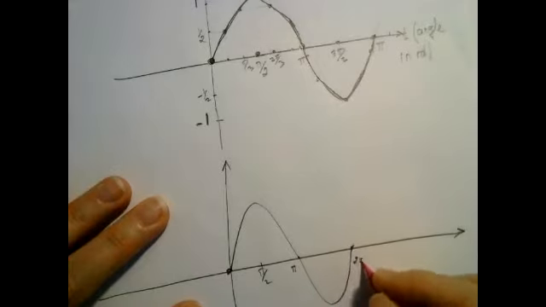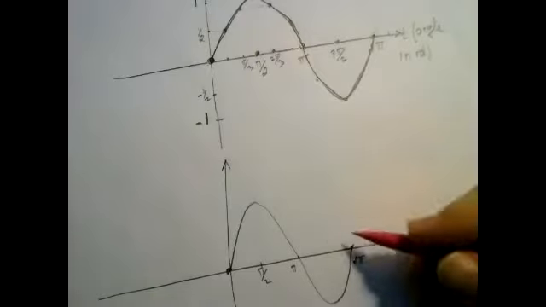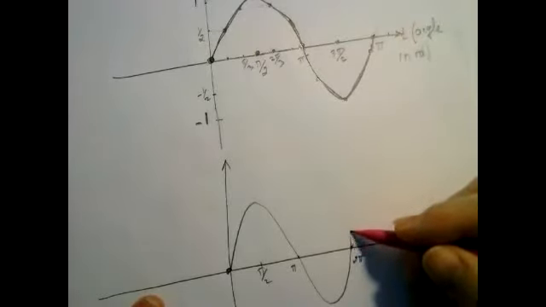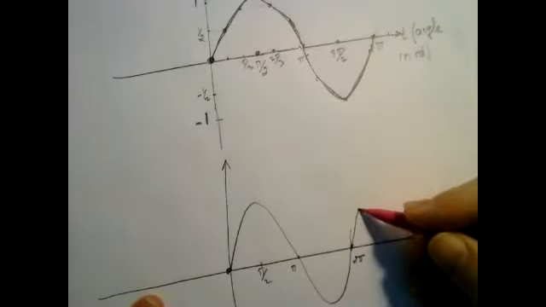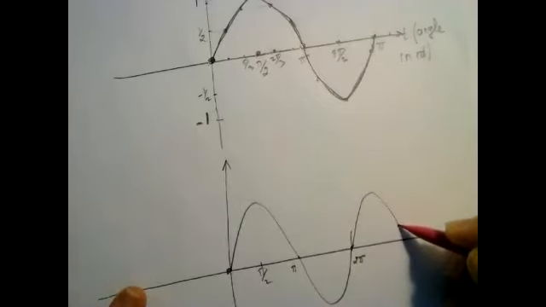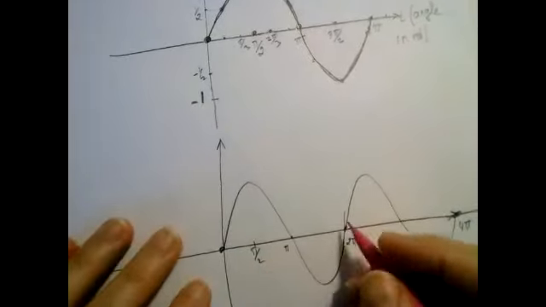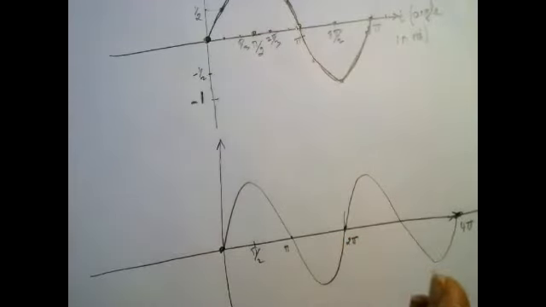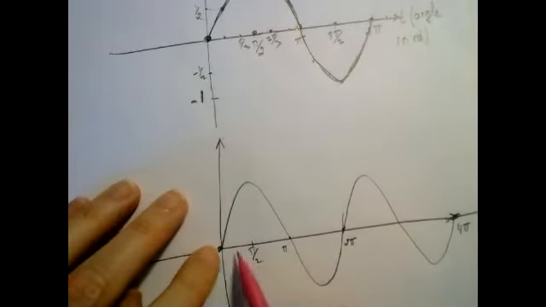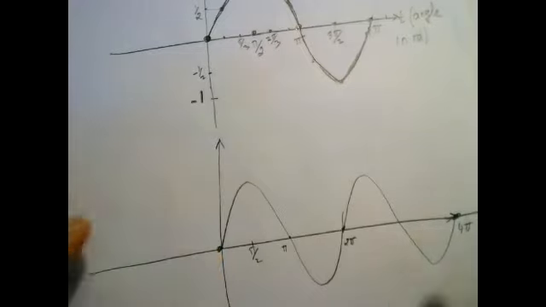This is 2 pi. But after that, the values of the sine will start repeating. So the graph is going to go up again, go down, and then back up. And right here, I am at 4 pi. The graph will keep repeating because the values of the sine are the same every 2 pi.